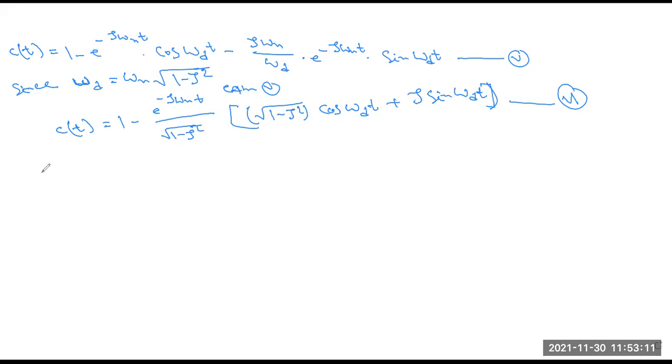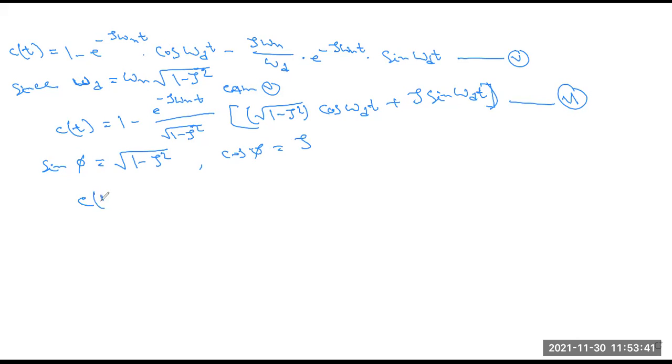Now for the second order control system, sine phi equals root over of 1 minus zeta square, and cos phi equals zeta. That means damping.